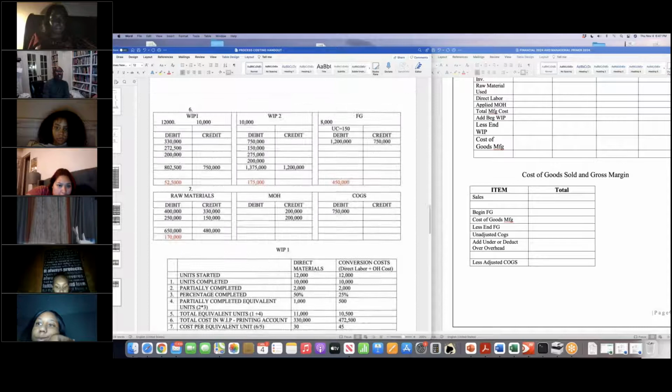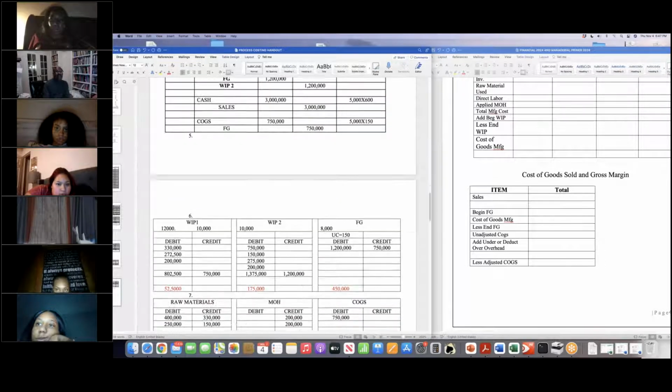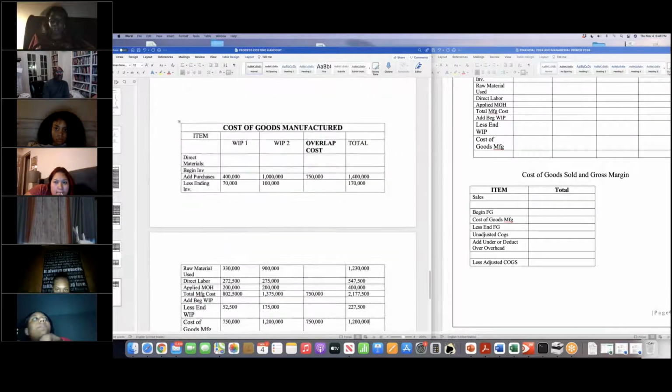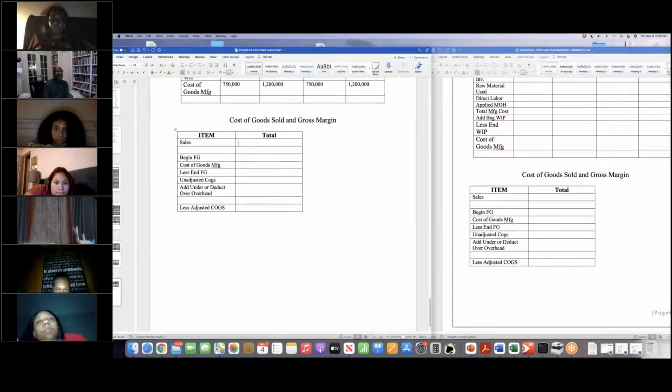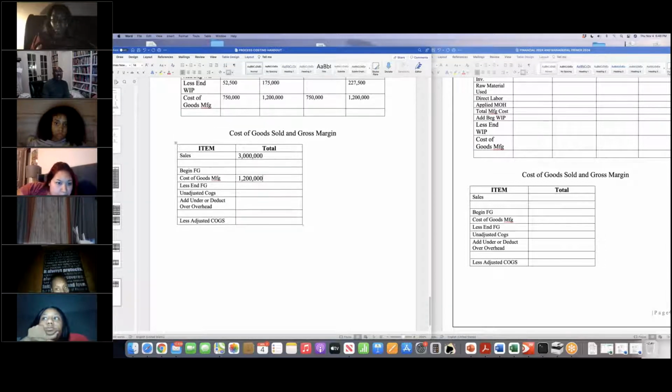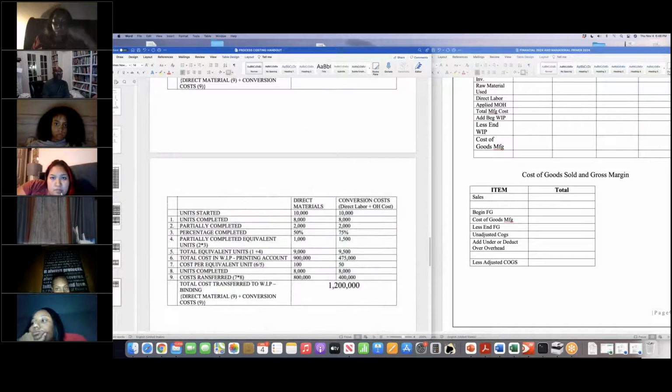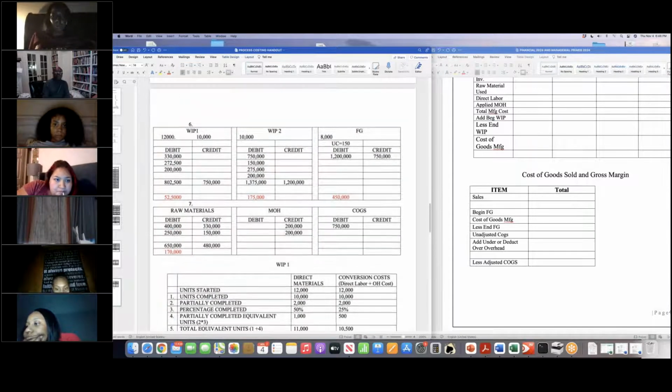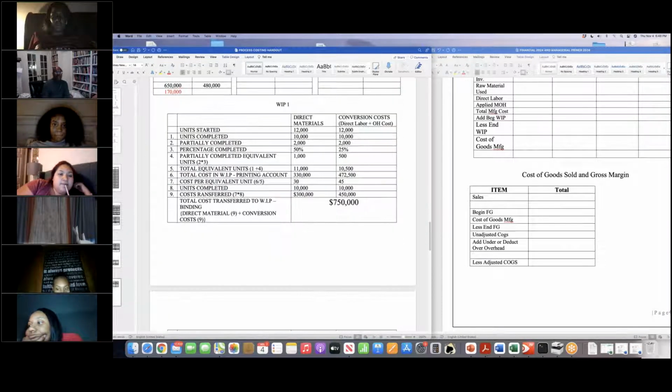Sales were how much? 3 million. We didn't have any beginning inventory, but our cost of goods manufactured was what? $1,200,000. Our ending finished goods inventory was $450,000.